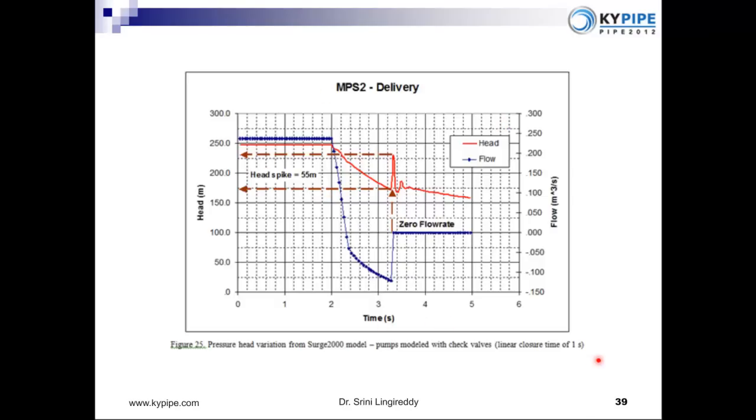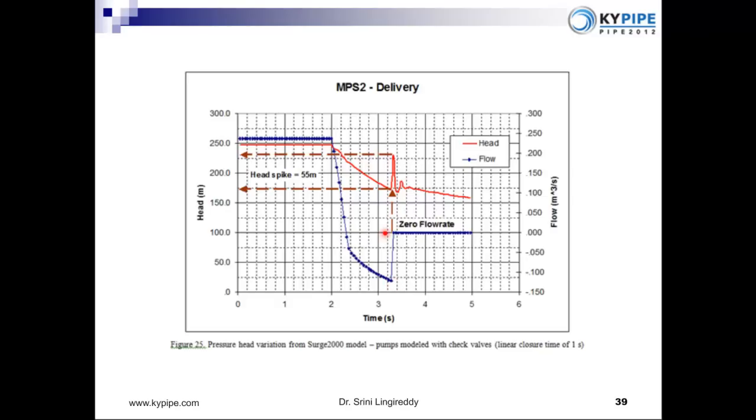And now this is my analysis with the 1 second closure check valve. As you can see, this is the flow rate: for 2 seconds, no change in the flow rate, and on pump trip, the flow rate starts dropping. Eventually it reaches zero flow rate, but since the check valve doesn't close for almost 1 second, the flow continues to reverse and establish in the reverse direction up to this point, and suddenly there is a change in velocity.